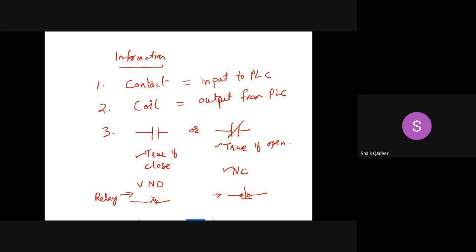If this input is pressed or applied, the circuit gets de-energized. Now I am saying it the opposite way. If no input is given, then the circuit is open. In this case, if no input is given, the circuit is closed. That's why this is called normally open, and this is called normally closed. Hope it is clear to everybody.